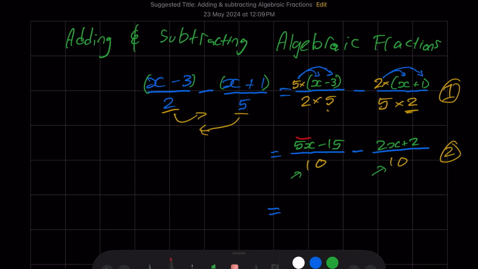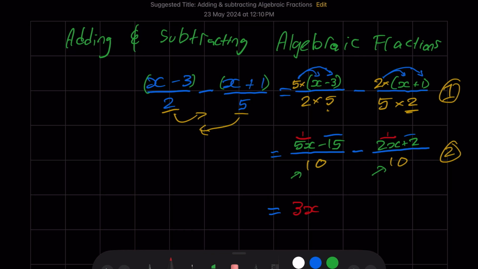We've got 5x and a 2x, and we have a negative 15 and a positive 2. This is how we subtract for these sort of questions. We take our 5x and we subtract 2x. So 5 take 2 is equal to 3. So 5x minus 2x is 3x.